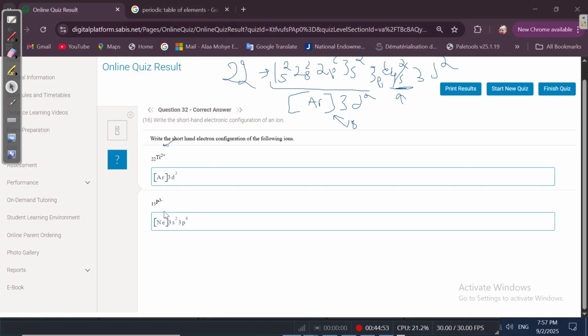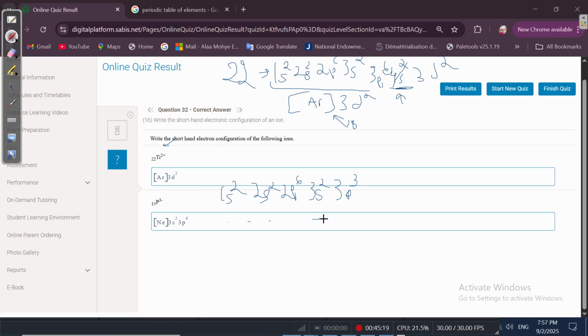Then, phosphorus. If I write it, it's 15. So 1s2, 2s2, 2p6, 3s2. This is how much? 12, and then 3p3. Then what happens? It gains 3 more electrons, becoming this one. How much?